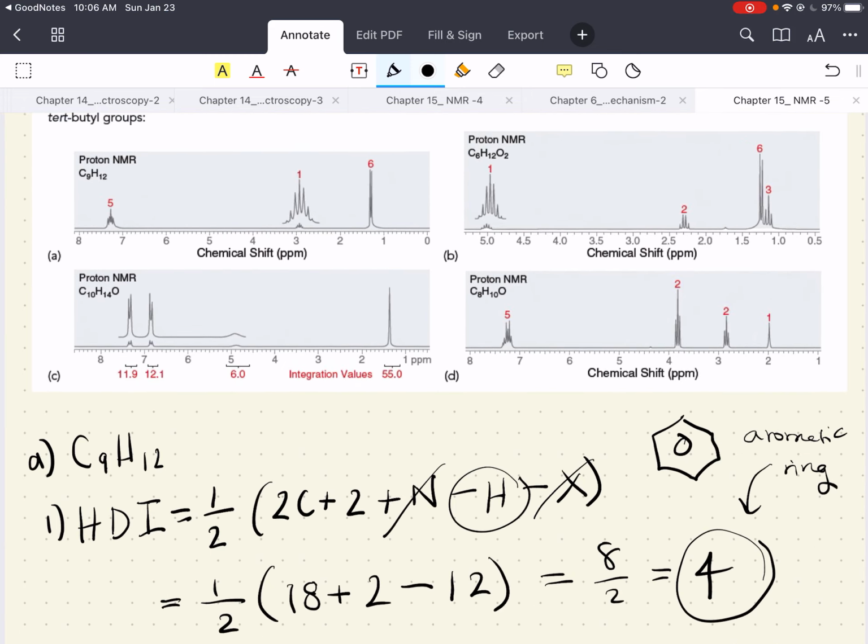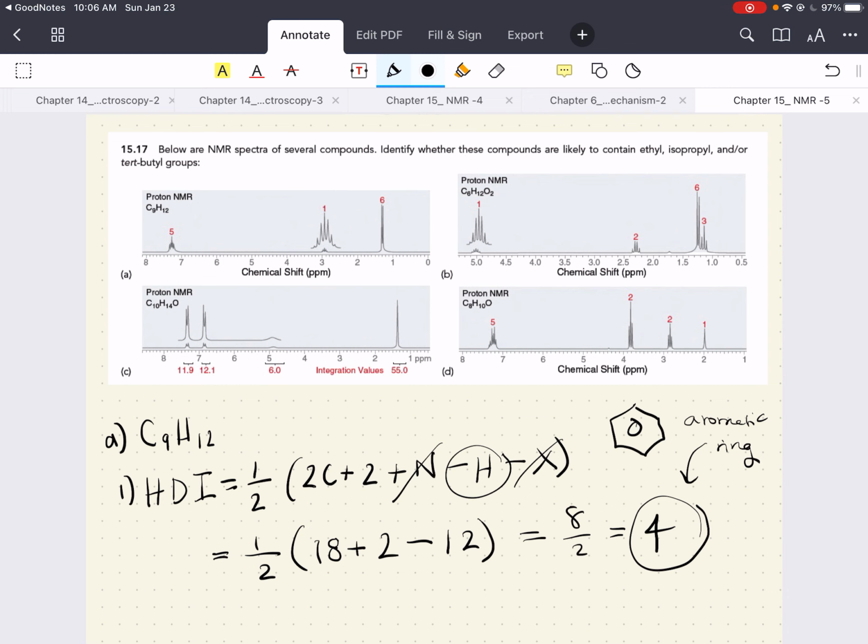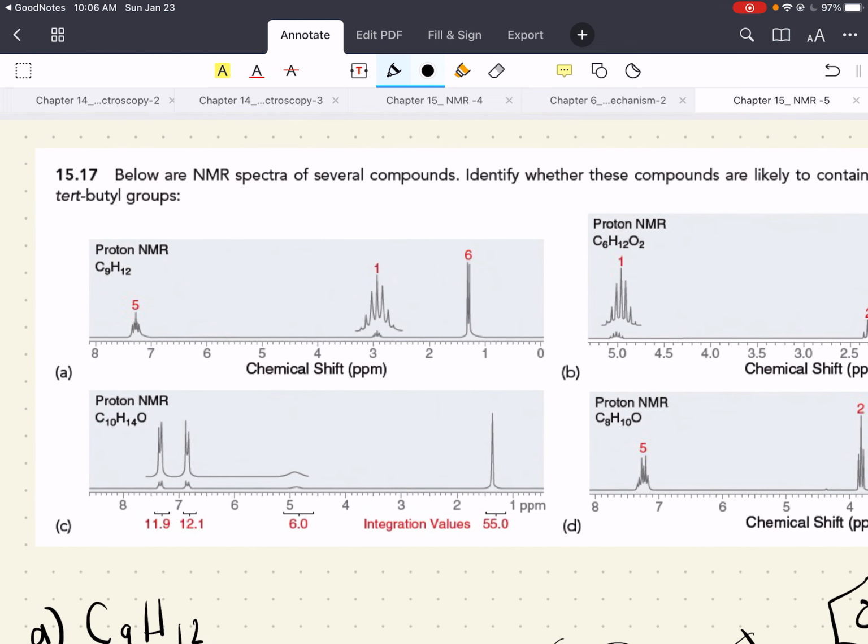Fantastic. So now let's take a closer look at our NMR spectra here. Let's label this. This is a doublet with integration 6. This is a 1, 2, 3, 4, 5, 6, 7, a septet with integration 1. Hold on a second. We've seen this pattern before.